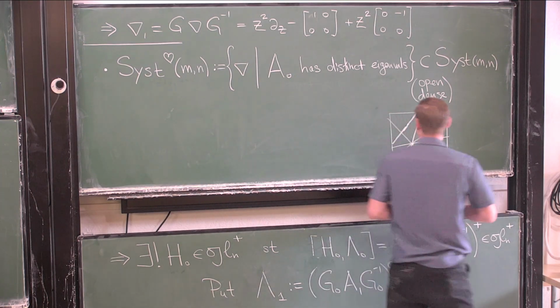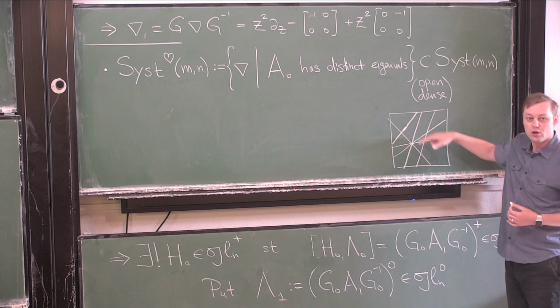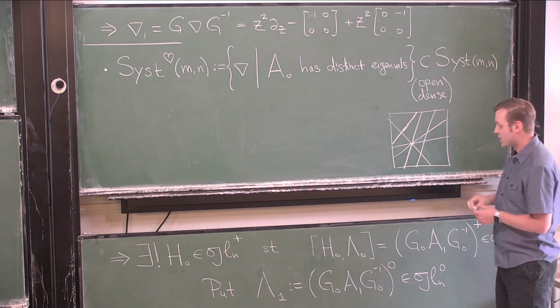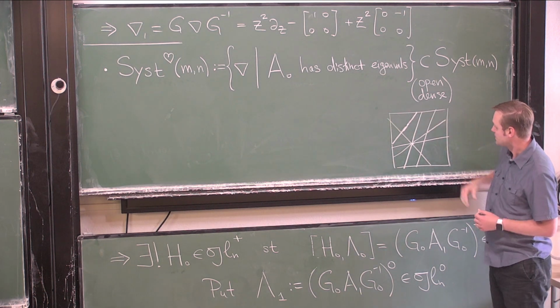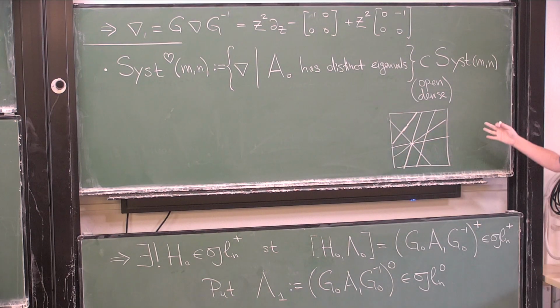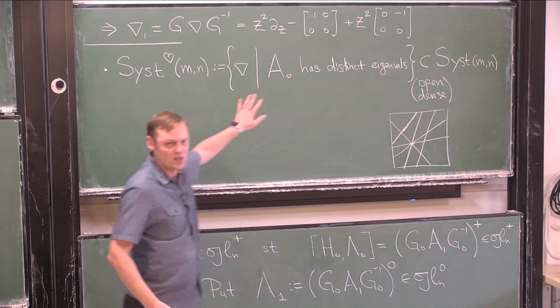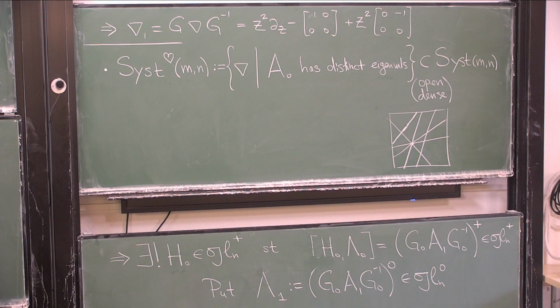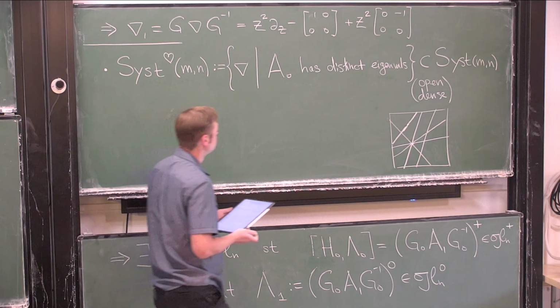But the important thing is that they're much lower dimensional strata. And so what I mean by dense is, well, I hope this picture makes it clear. So this is the cartoon of this space.